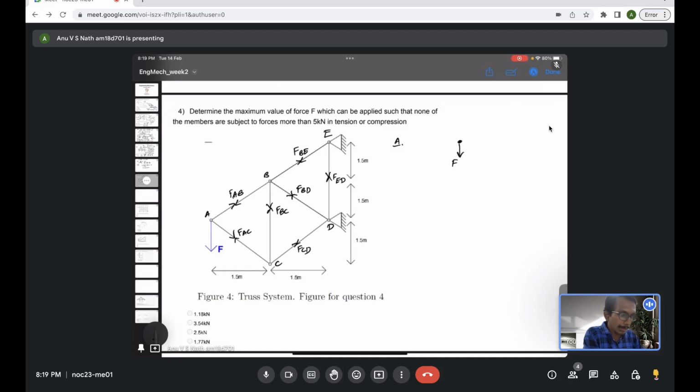We have to evaluate all other internal forces, for example FAB and FAC, in terms of this unknown F, and check what their maximal limit is, and that limit should not cross 5 kilonewton. That's the criteria. So for joint A, F is acting here, FAB is acting here, and FAC is acting here.